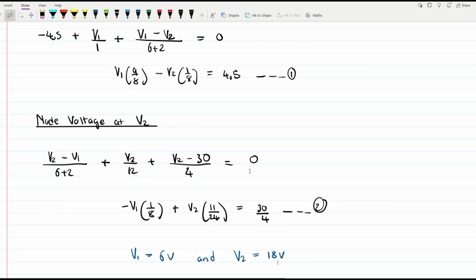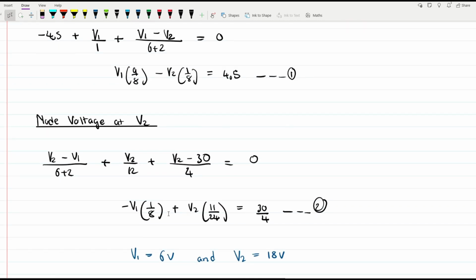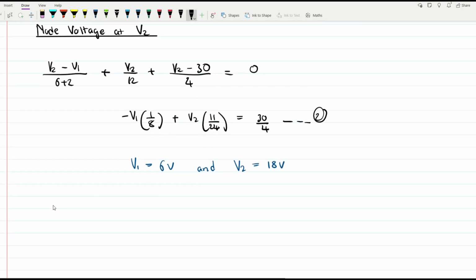So we can go over to the sketch. Now we know that this is 6 volts and that is 18 volts. What we need to do is to find V. So we have to find the current in between V1 and V2 before we can get to V. So that current I is equal to V1 minus V2 divided by the sum of the resistors, which is 6 plus 8.